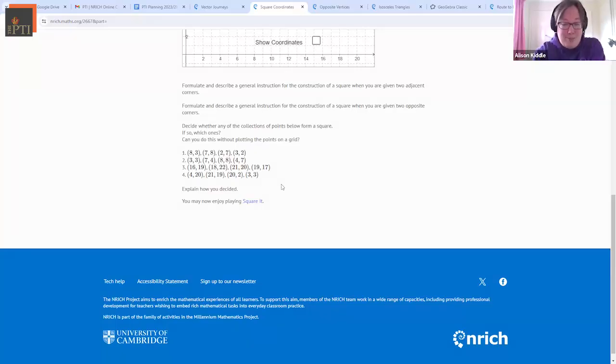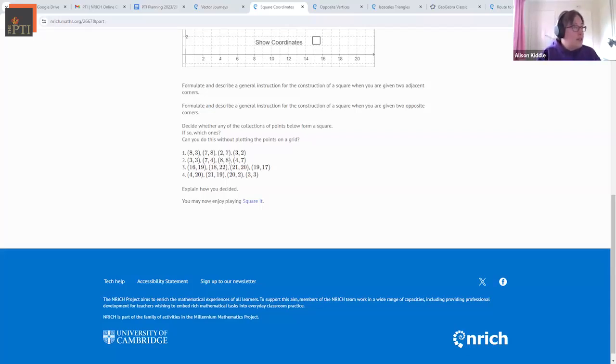I suspect that people who can do this are secretly plotting the coordinates in their heads, because they have these magic whiteboards in their heads that they can draw things on. And I don't have that. I have aphantasia, so I don't see pictures in my head, which means, how am I supposed to know whether this is going to make a square or not? But I can do it by starting to look at the numbers.